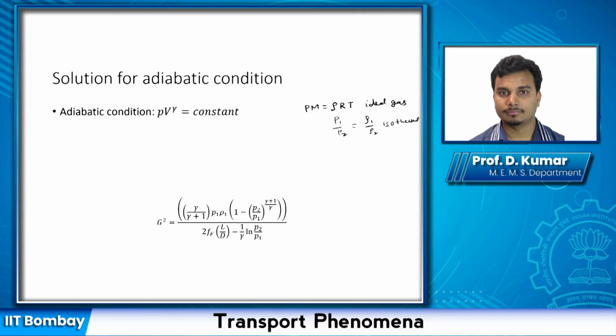On the other hand, if it is adiabatic, then PV gamma is constant, where in this case V is the volume. So you can also write this term as PV. Gamma is also constant, because if you multiply it by molecular weight, etc., it will be the same thing.